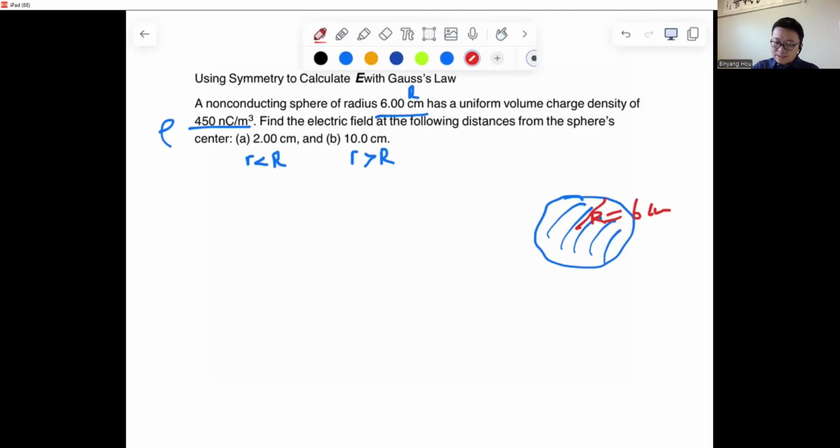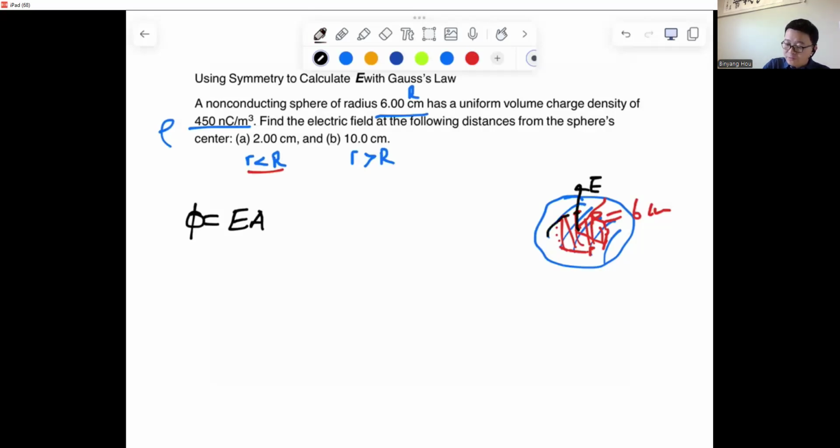If we are looking at inside the sphere, this one first, we will draw a small Gaussian surface, this small one here, where this is small r. According to the flux definition, the E field is going to be E times A, because E is only in the radial direction, parallel to the spherical Gaussian surface.